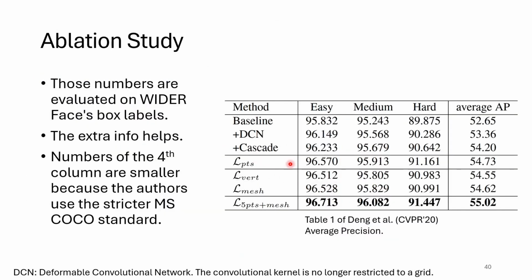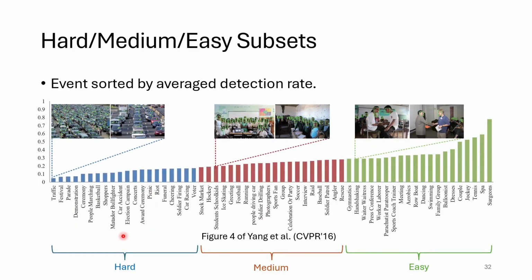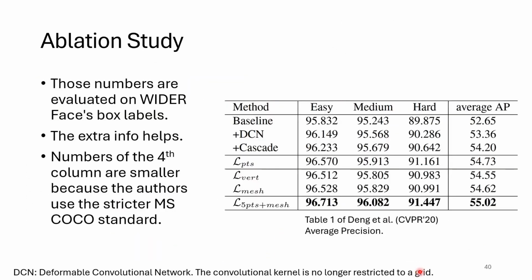Here is the point. PTS means the 5 landmark points. Adding them will slightly improve the accuracy. Here you see easy, medium, and hard. Those are the 3 subsets of WIDER FACE, and they report their results on the hard, medium, and easy subsets.